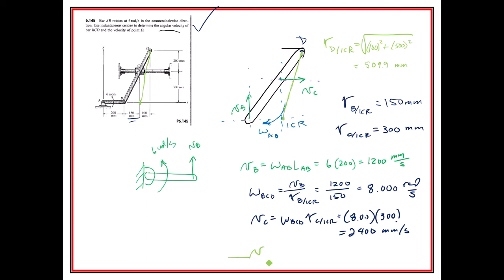So VD is going to be omega BCD times RD with respect to ICR, or 8 times our 509.9 to get 4,079 millimeters per second.